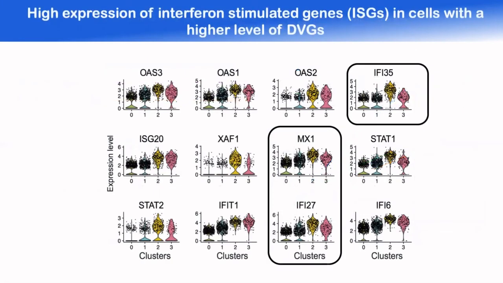So if we go back to our cluster and we look at some of these highly expressed interferon stimulated genes, or ISGs, we see 3 here in particular that we decided to test in culture with these reconstructed viruses that we had. Now, DVGs that you want to culture on their own is difficult because they need a wild-type virus. So we actually use a cell line that expresses the polymerase in trans so that we can have very pure DIs, and we don't need a helper virus.